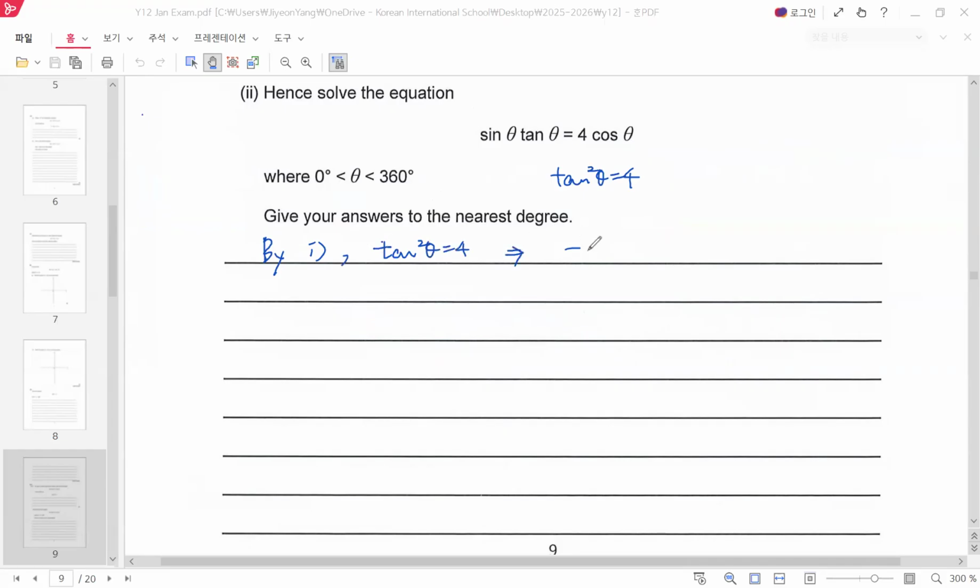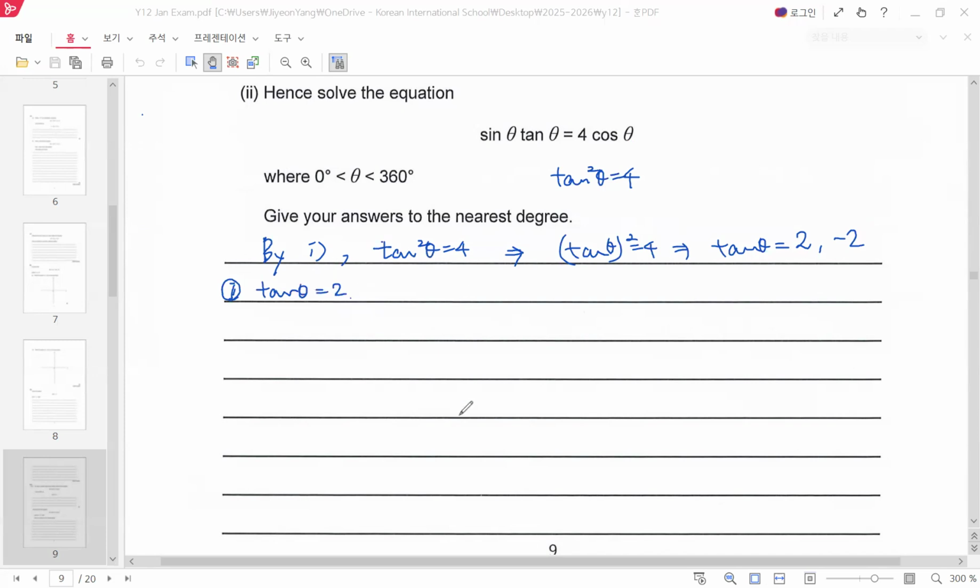Then tangent square theta equals 4, students, means that tangent theta is either 2 or minus 2. Please don't forget the negative part, okay? Firstly, let's solve the equation tangent theta equals 2.